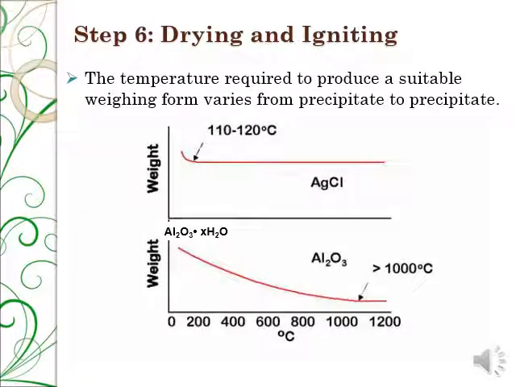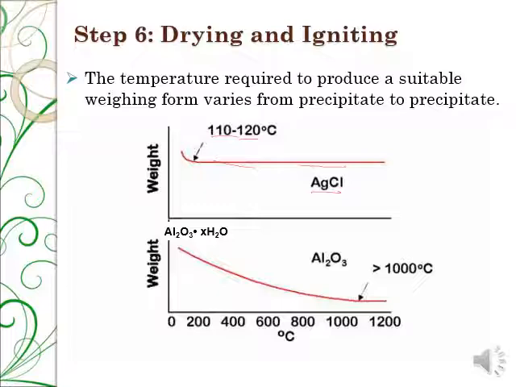This graph shows different precipitates dried at different temperatures. Note that silver chloride undergoing drying at 110 to 120 degrees Celsius gives a stable mass.